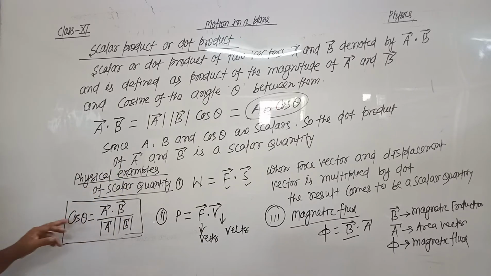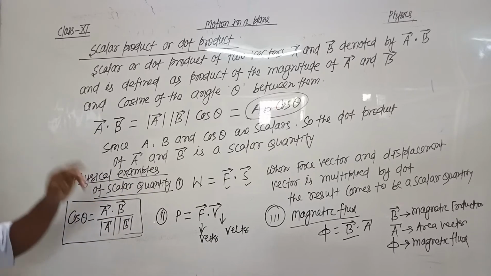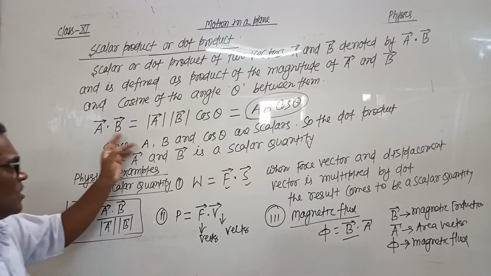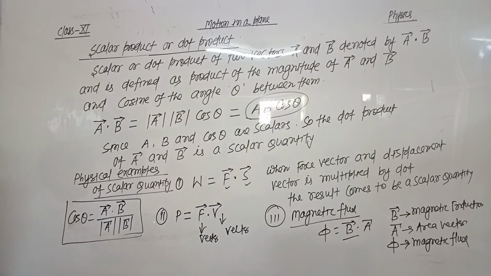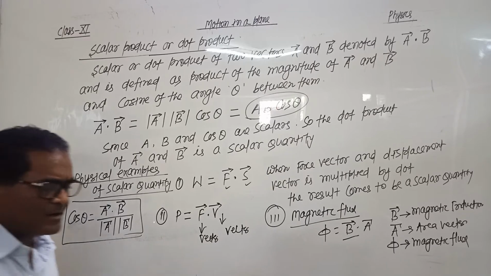This formula comes from the definition of the dot product: A dot B equals magnitude of A, magnitude of B cos theta, and cos theta equals A dot B upon magnitude of A, magnitude of B.